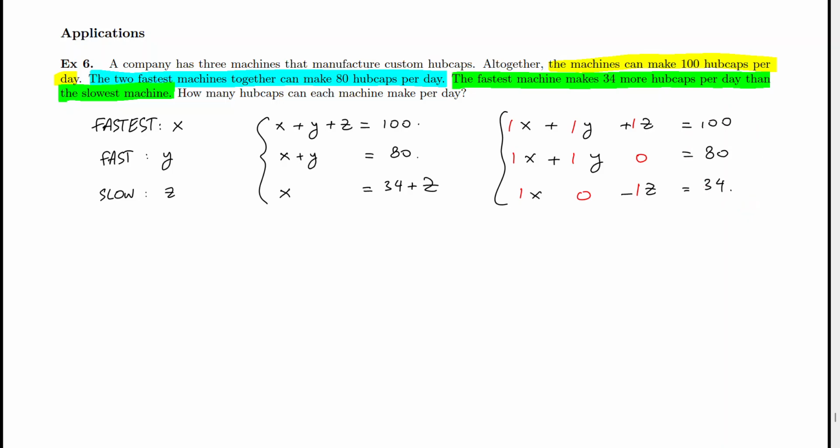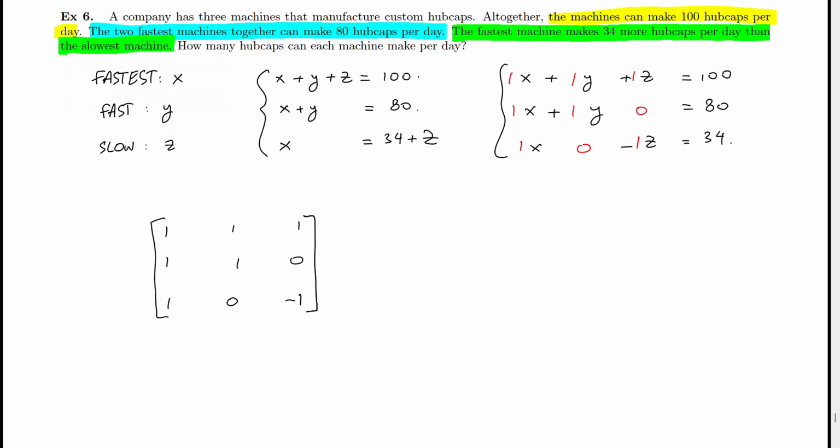First, we will have the matrix 1, 1, 1, 1, 1, 0, and finally 1, 0, negative 1. This is what we're typically calling matrix A. Then we have the little matrix that contains all the variables, X, Y, Z. We typically call that capital X, and it's all equal to the matrix 100, 80, and 34.